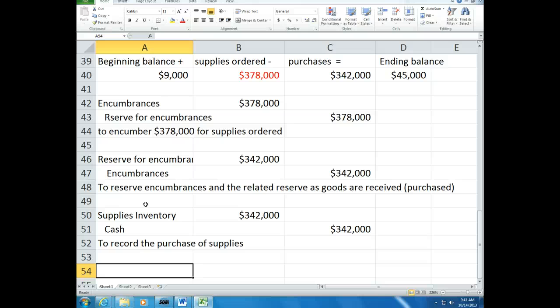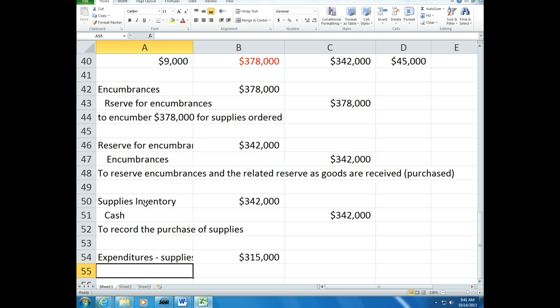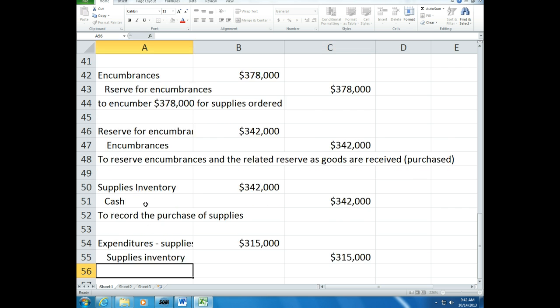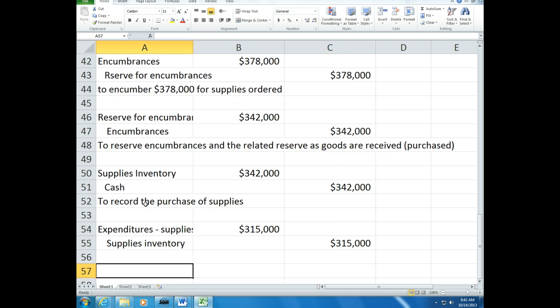So what are we going to show we used up? Expenditures of supplies, and we're going to credit supplies inventory, because again, this is that consumption method when we use it. So this is to record the use of supplies.